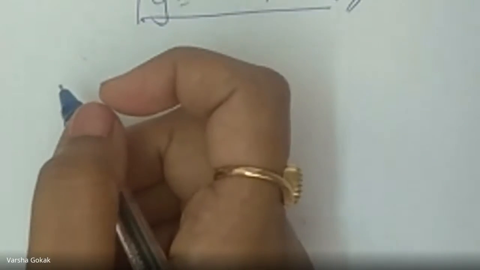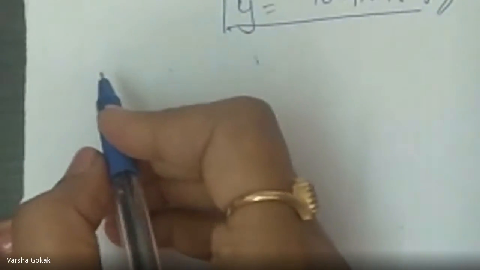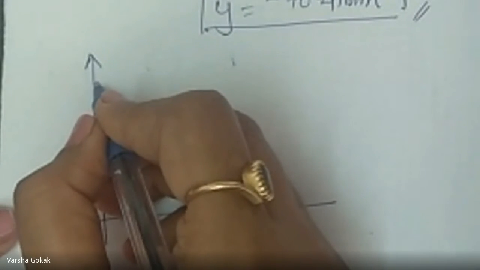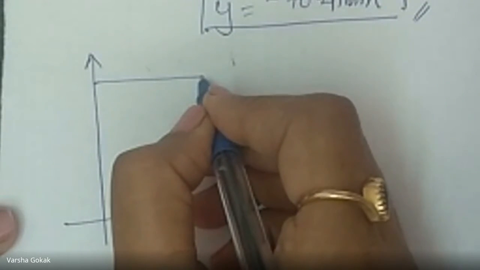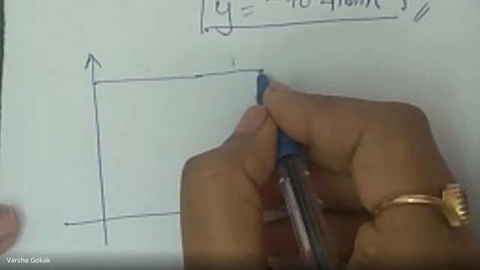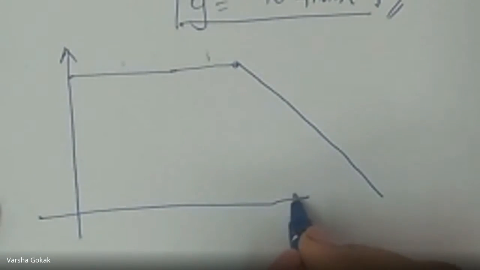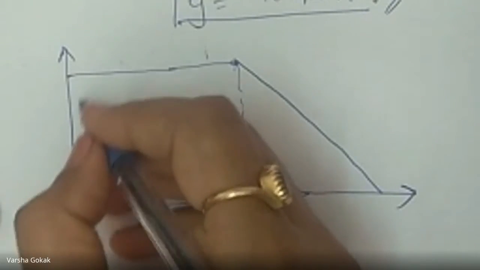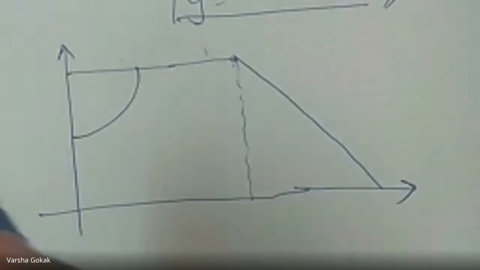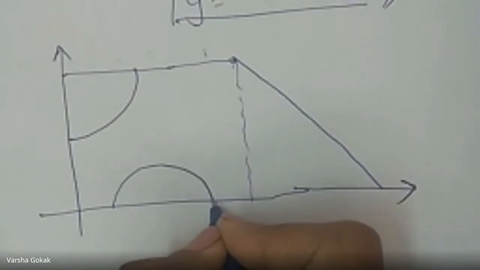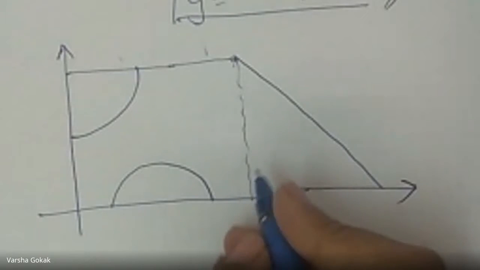Okay. Find the CG of the shaded area. The figure goes like this. Okay, so this is the figure.